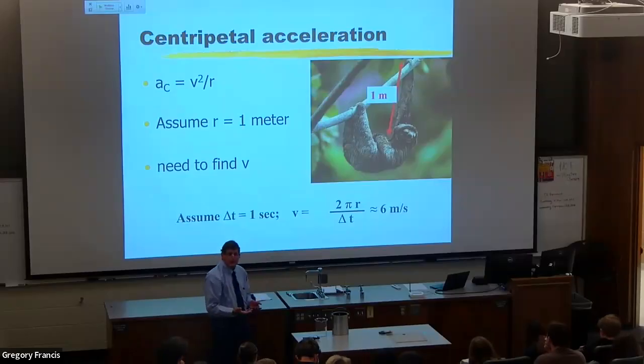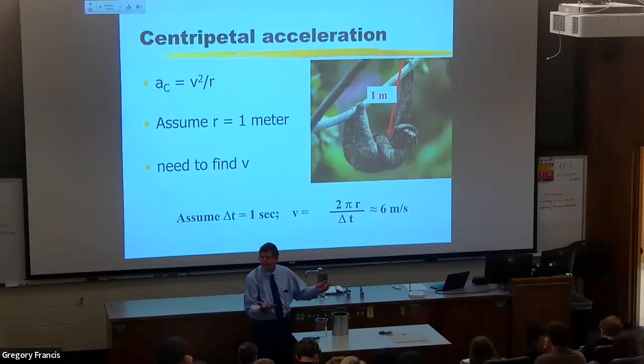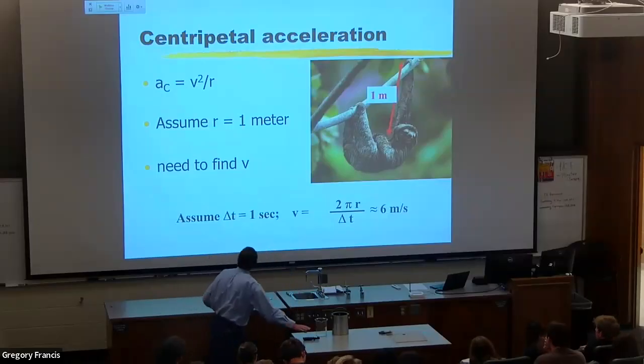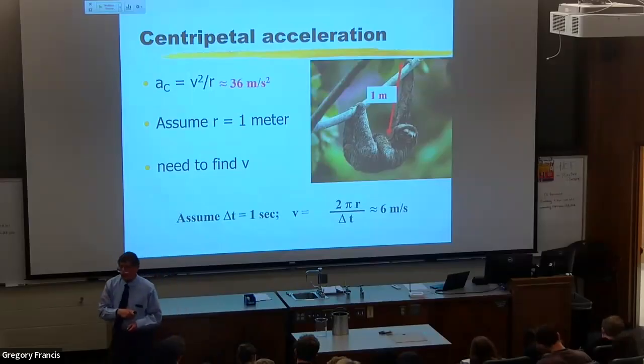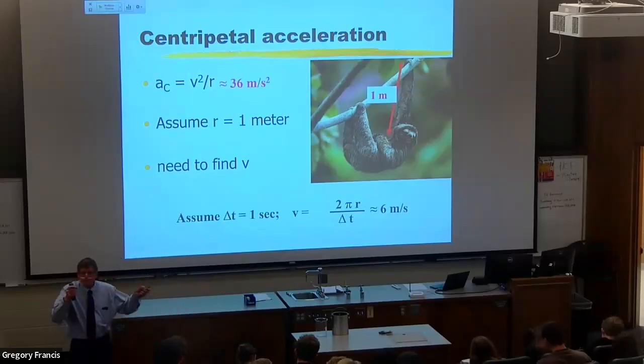So it's about 6 meters per second. That seem fair? So if I plug into this formula up here, I get 6 squared divided by 1. That's going to be 36 meters per second squared. That's just an approximation.